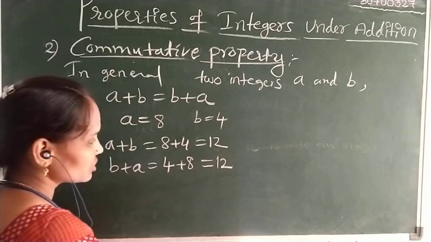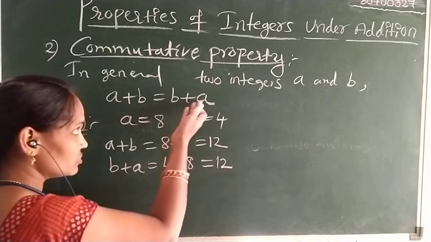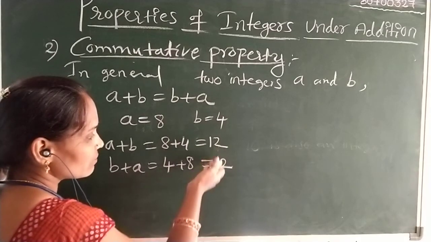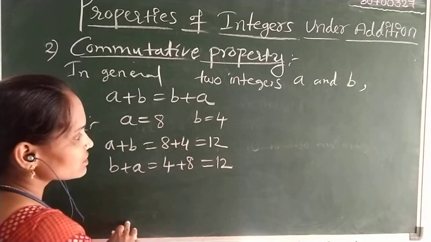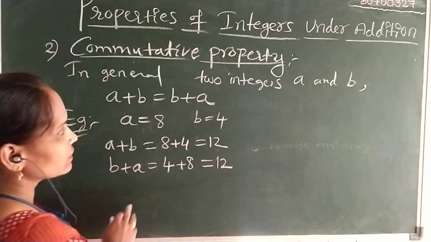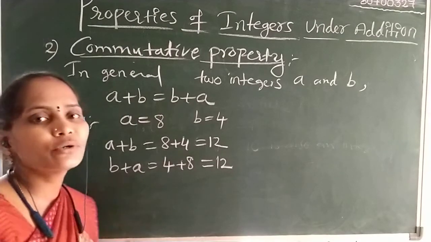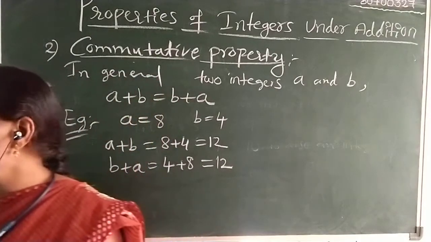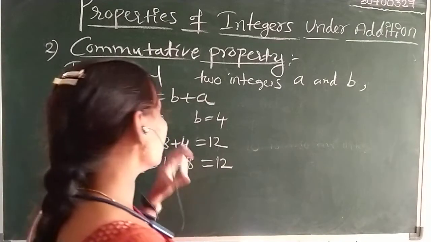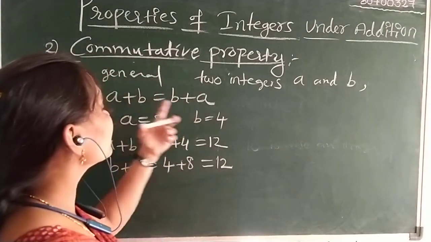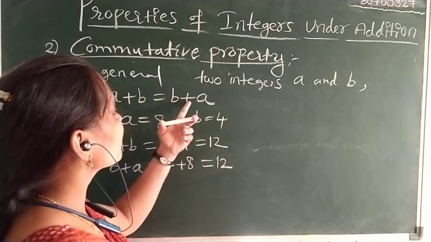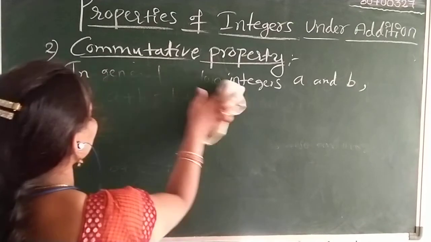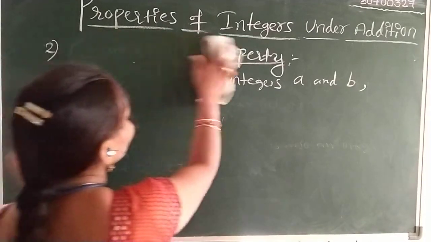The answer will not change even if you change the order. This is called commutative property under addition.